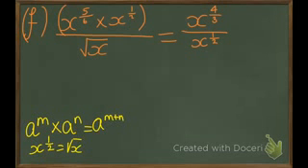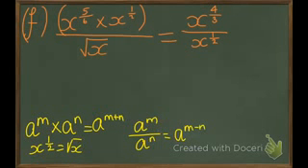Therefore, if we use the division law, which is a to the power of m divided by a to the power of n, we get that this is equal to a to the power of m minus n. And therefore, what you should find is that you get x to the power of 4/3 take away a half.